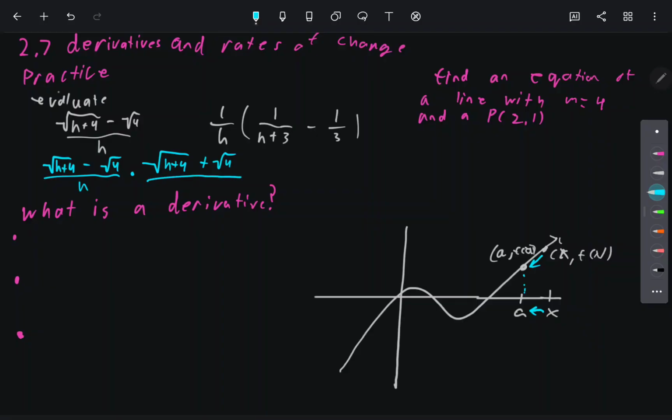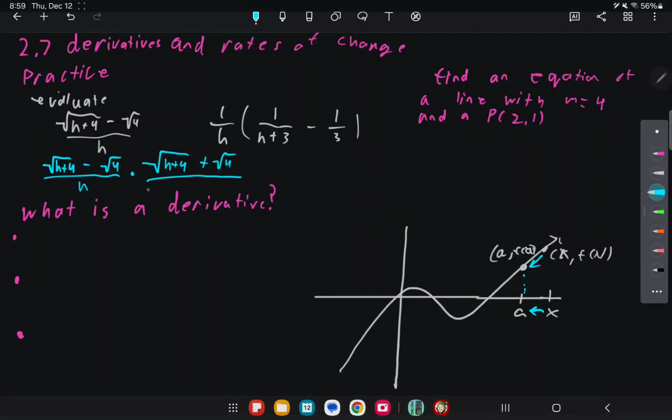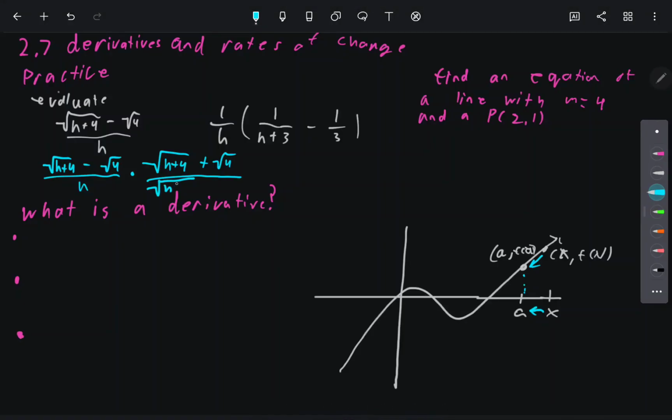And we can't really get this out of nowhere, so we're also going to divide it by the square root of h plus 4 plus the square root of 4. Then we are going to see that this radical is going to cancel this radical, and this square root of 4 is going to cancel that square root of 4. And because it's the conjugate, we don't have to worry about the product or anything like that.